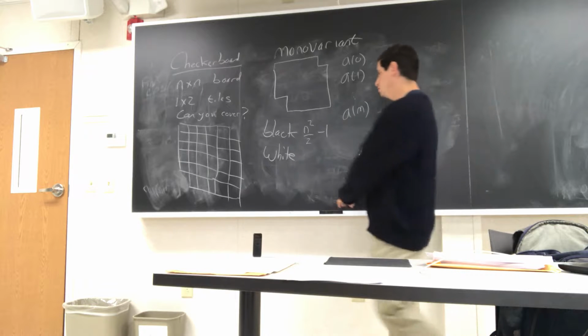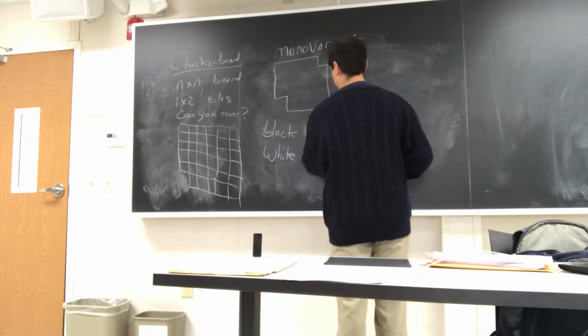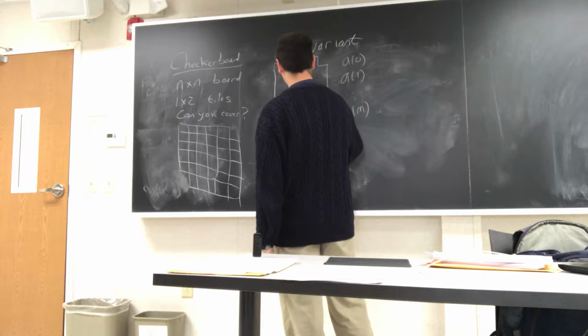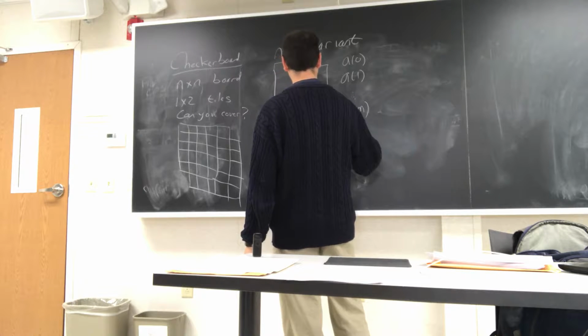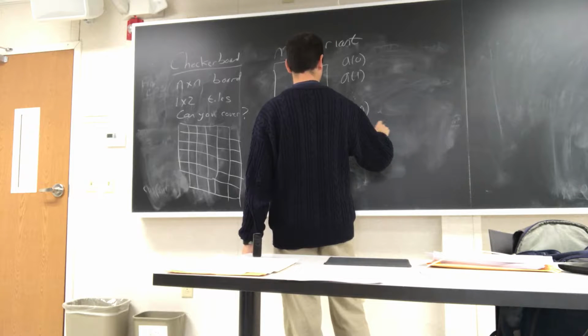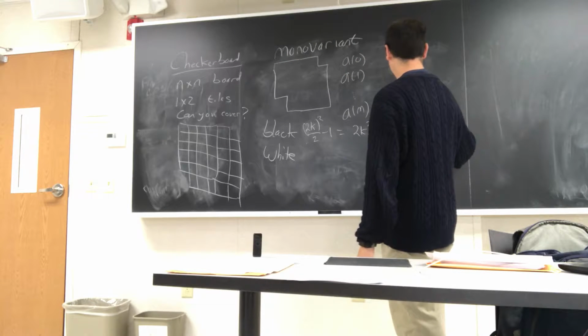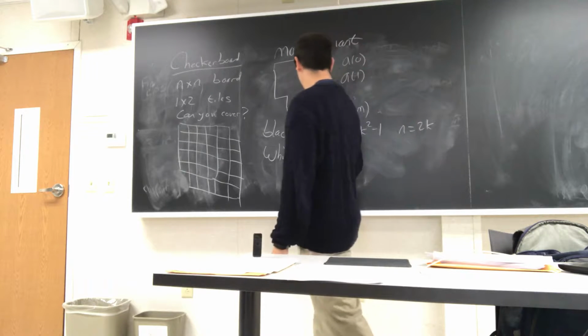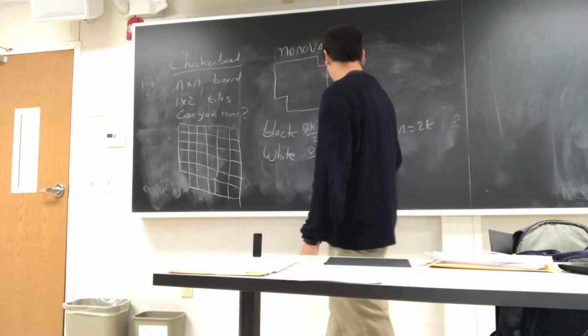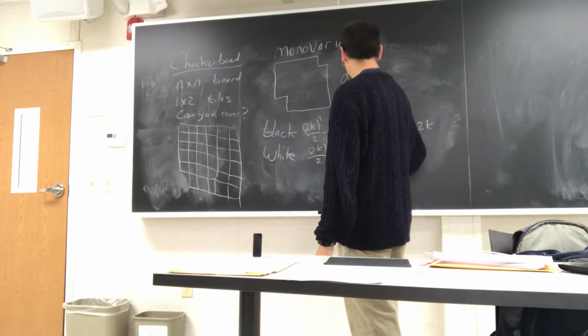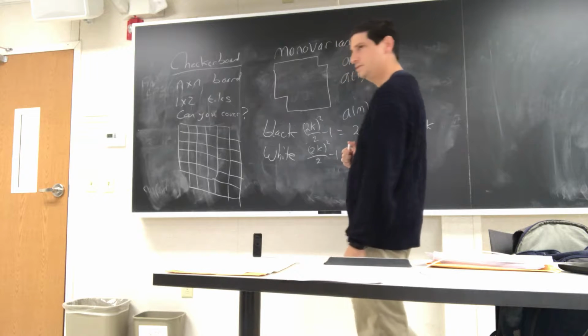Otherwise there's no chance. So we could say n equals 2k, and 2k squared over 2 minus 1 is 2k squared minus 1. Is this right?